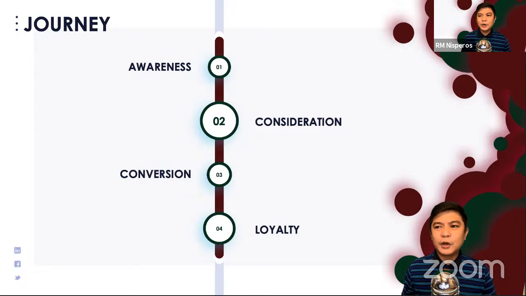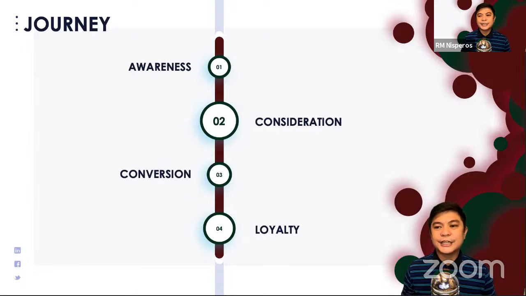The powerful ones in consideration are earned media, which are feedback, reviews, PR, and anything said by other customers. That's one of the powerful things in the consideration stage. When people decide whether they would buy from your business or not, that's the conversion stage. This is where people buy from you.